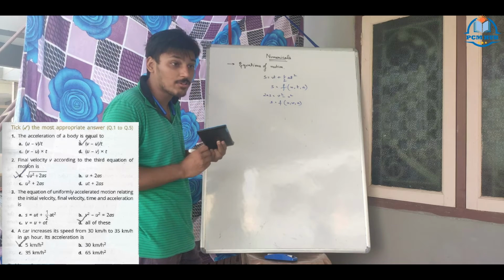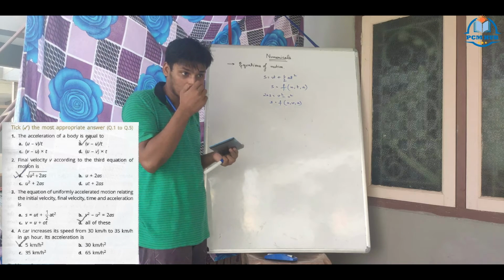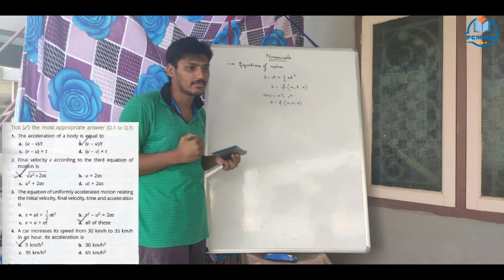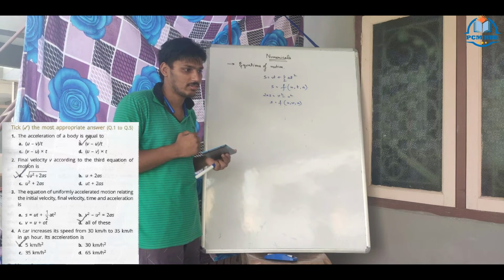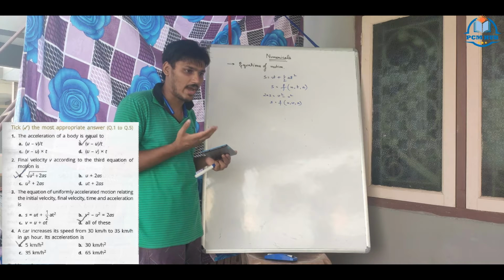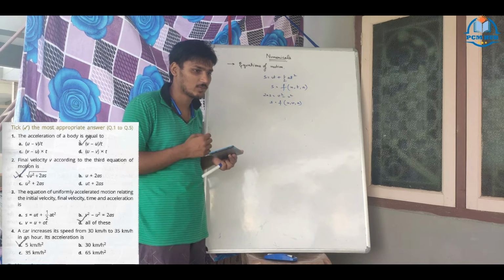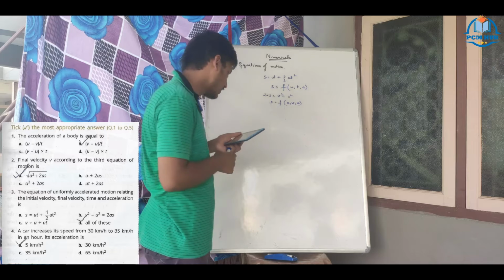See, these types of mistakes only people make. Use your mind. You are getting root of U square plus 2as. So option A is the correct answer.